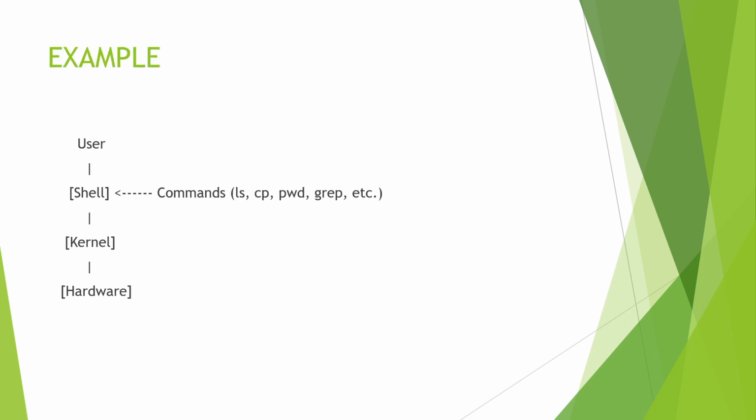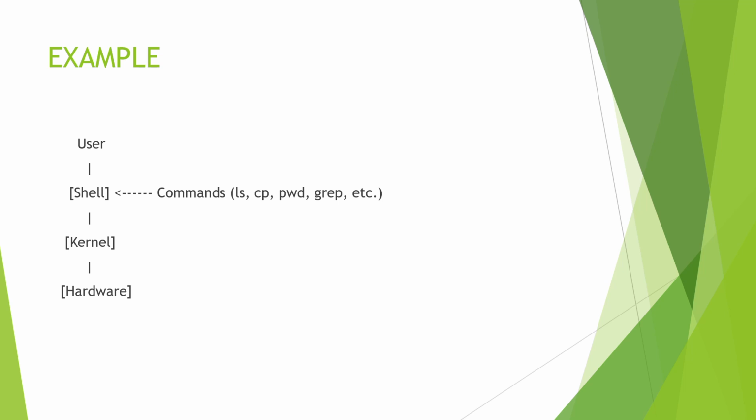And third is a code as an example. At the top, you can see the user entering commands through the shell like bash, zsh, ksh, etc. The shell receives the command from the user, interprets it, and sends it to the operating system for execution.